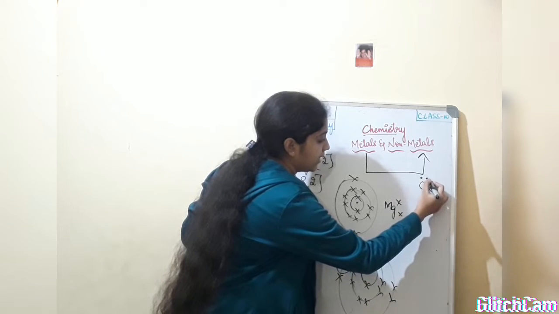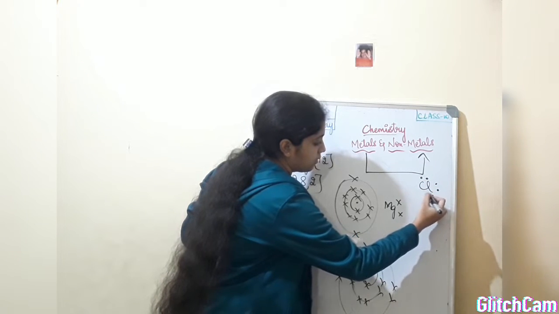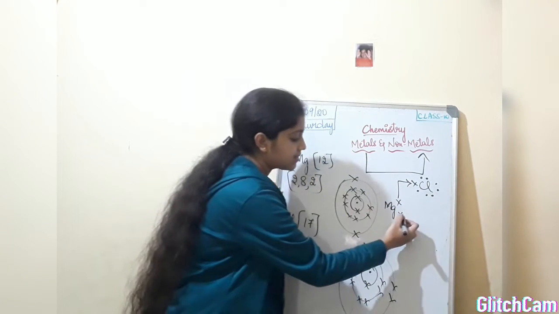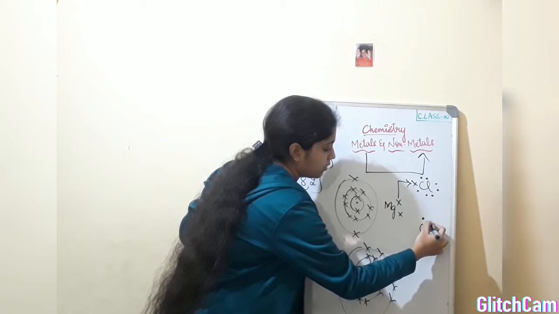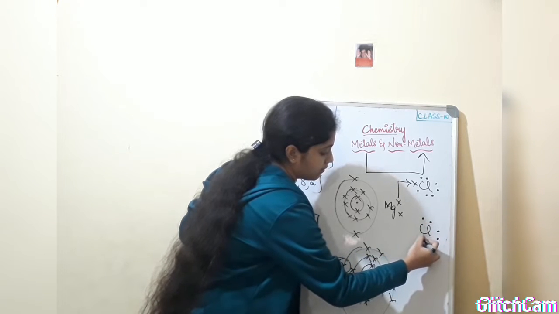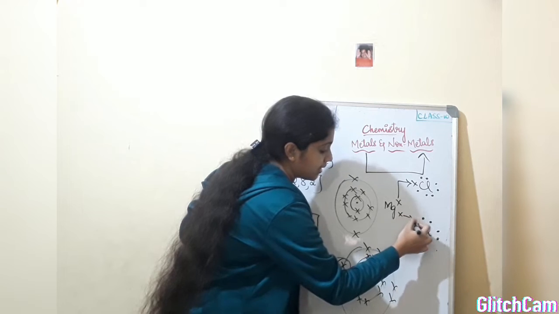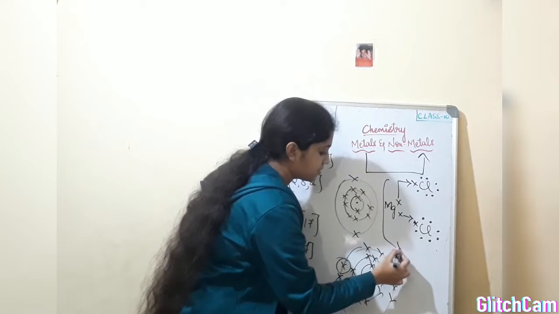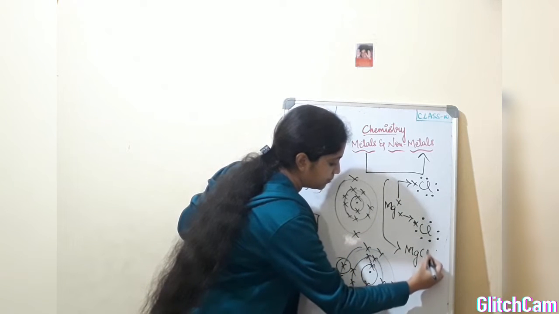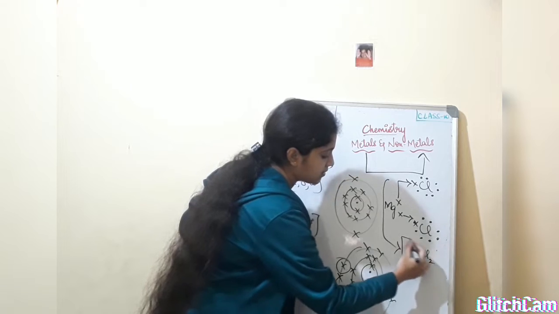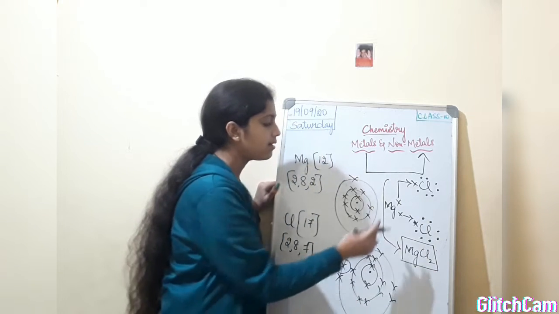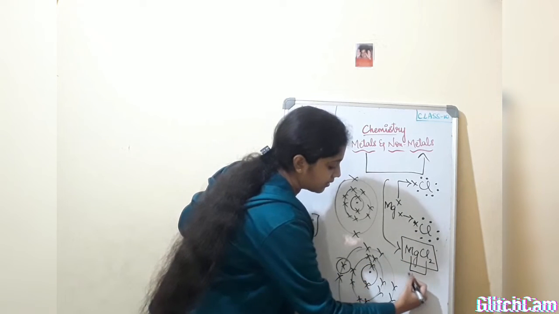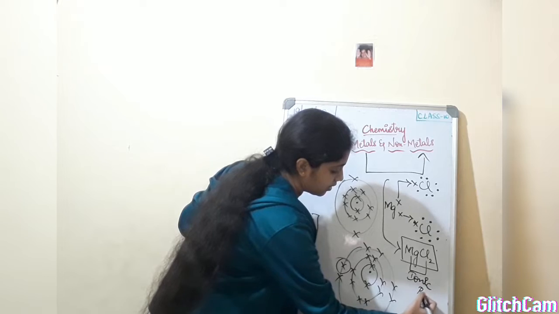Chlorine requires only 1 electron, so magnesium donates one of its electrons to chlorine and it still has another electron. So it donates its other electron to the other chlorine. Thus it forms MgCl2, magnesium chloride. This is called an ionic compound, where a metal reacts with non-metals, and the bond formed between magnesium and chlorine is what we call the ionic bond.